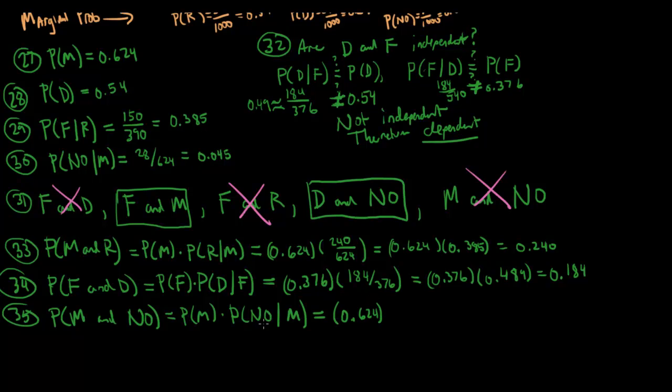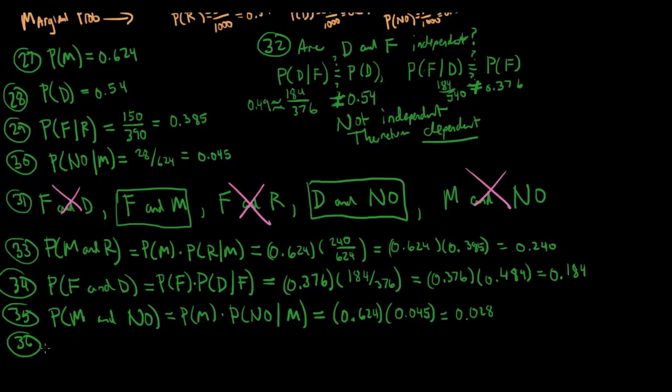The conditional probability of no opinion given male is 0.045. So all we have to do is remember how to find the joint probability, and then we already have the two parts we need, and multiply. So 0.624 times 0.045, and I get 0.028 when rounded to 3 decimal places. Okay? So far, so good.